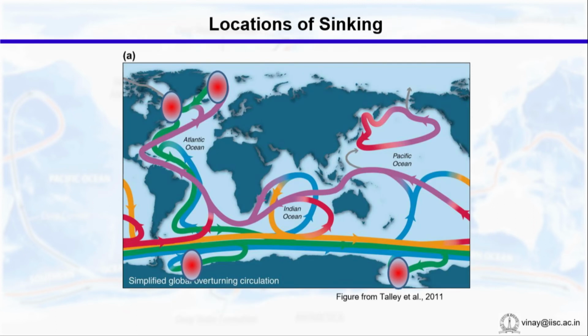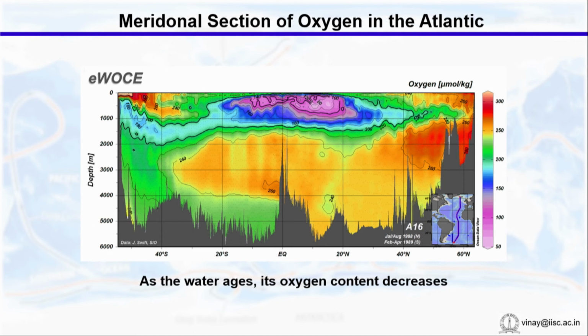Such deep convection and sinking are restricted to few regions, as I mentioned, and one of them is in the higher latitudes of the northern Atlantic and then near the continental shelves of Antarctica in the Weddell Sea and Ross Sea. A picture of the oxygen distribution in the vertical in the ocean gives you an idea of sinking of water masses.